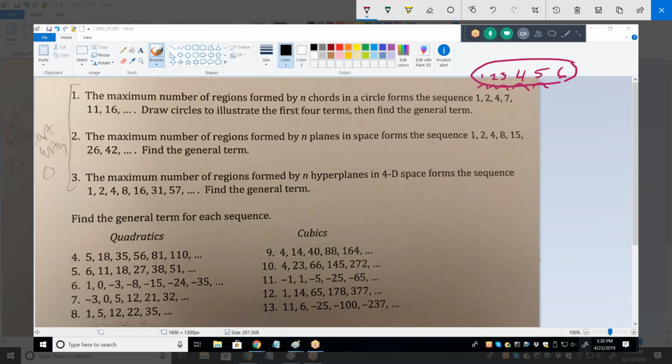So it looks like for a quadratic, we have a sub n equals a n squared plus bn plus c.